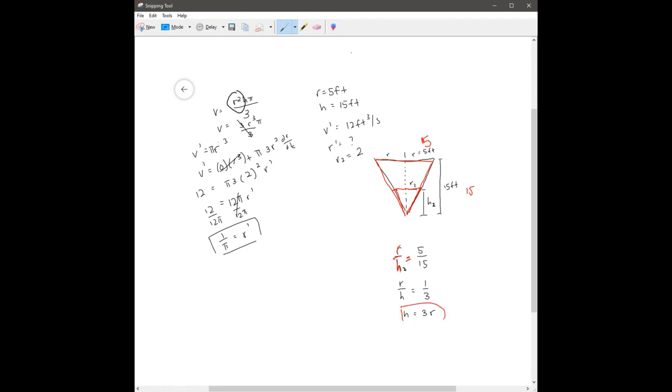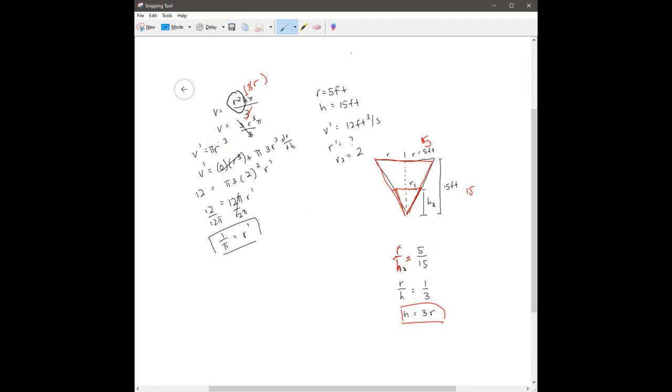So h equals 3r. Now we have h, so we can plug h into the volume equation of a cone. Right here, I plug in 3r, and the 3 cancels out, so it's 3 cubed pi.